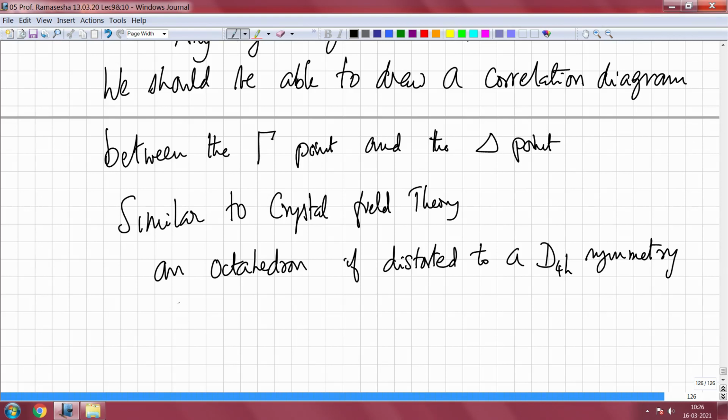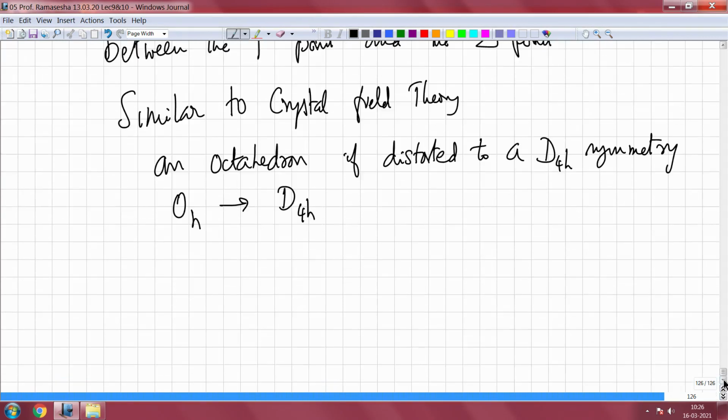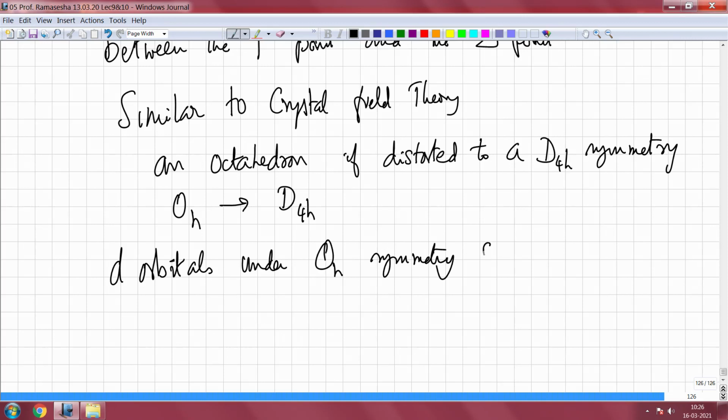Then the Oh symmetry goes to the D4h symmetry, and in the Oh symmetry, supposing I am looking at the d orbitals, they are split into T2g and Eg.